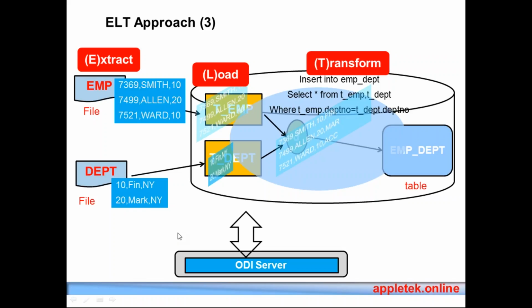That is the reason in bigger implementations with Oracle Exadata or a very big database server, we use the database server itself as the ODI server, because it doesn't require much additional capacity from the ODI side.